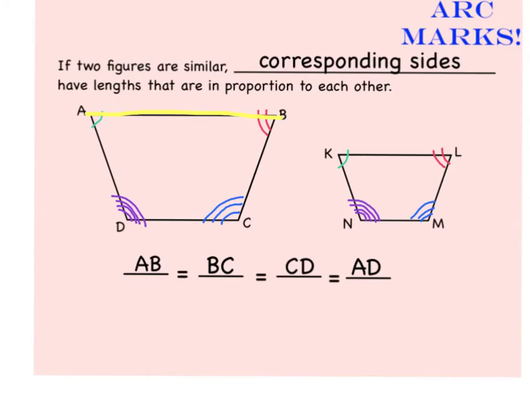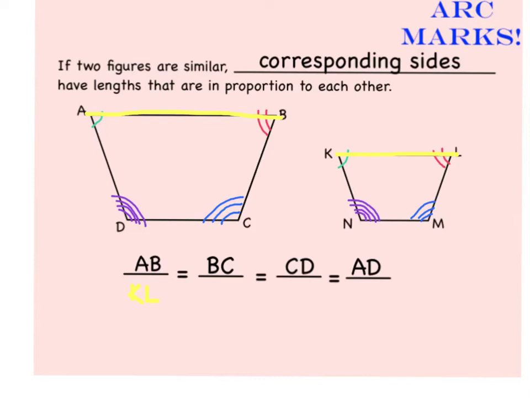And that side corresponds with side KL on my smaller figure. So right underneath AB in my statement, I'm going to write KL because that's its corresponding side. And since I started with A and went to B, I'm going to start at K because A and K are corresponding angles, and go towards L, and I need to make sure I write it that way in my proportion statement.